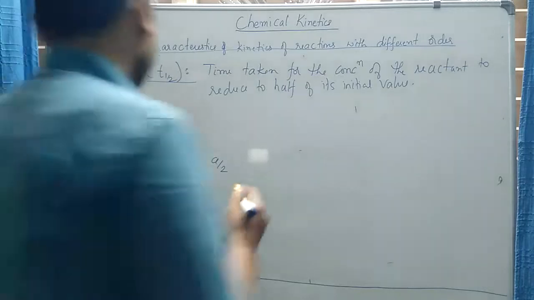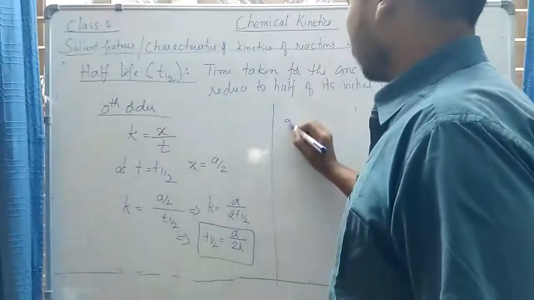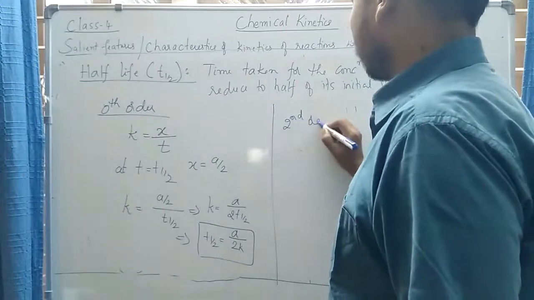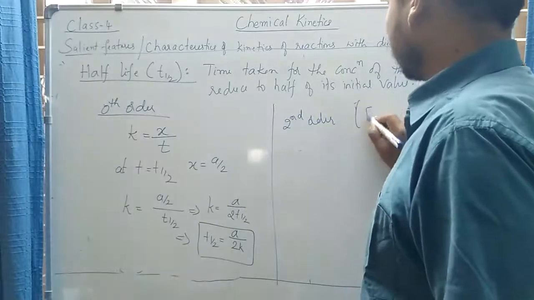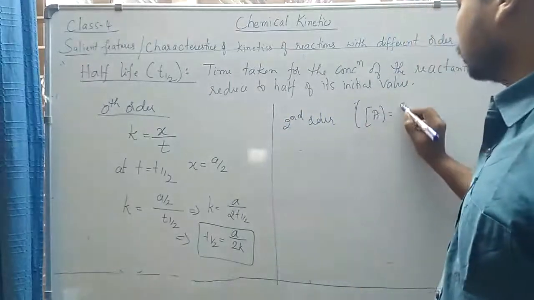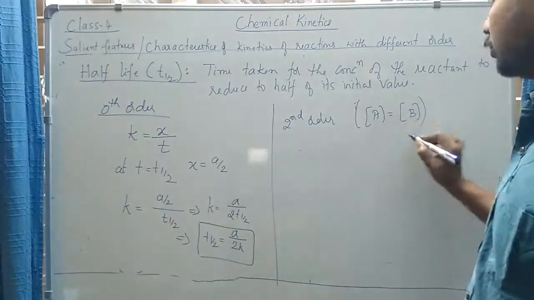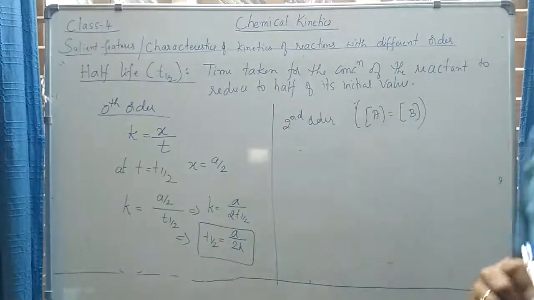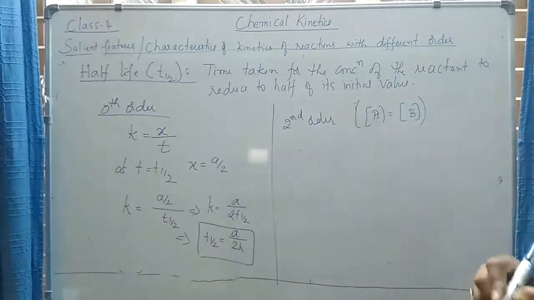On the other hand, for a second order reaction, when concentration of A is equal to concentration of B, remember, this is the first case when the initial concentrations of the reactants are same.